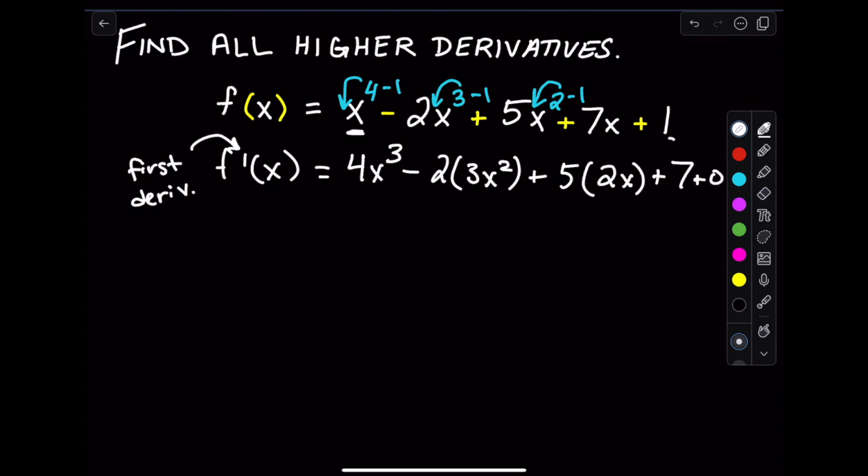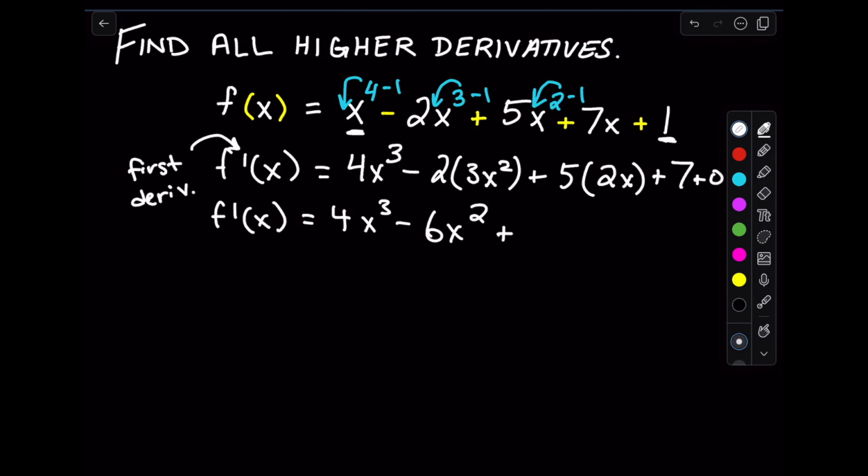The derivative of a constant is 0. And then we'll just simplify this function so it's easier to keep deriving, because we'll have to keep deriving this equation until the right-hand side of the equation equals 0.